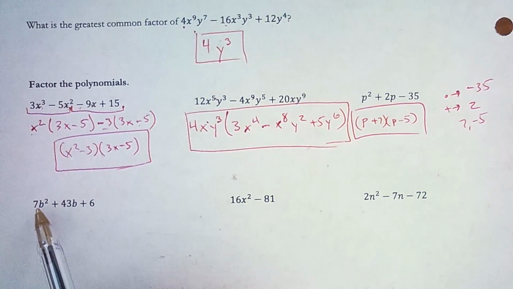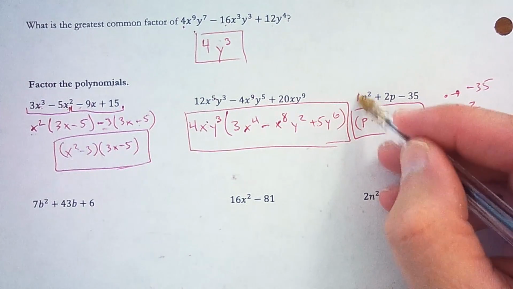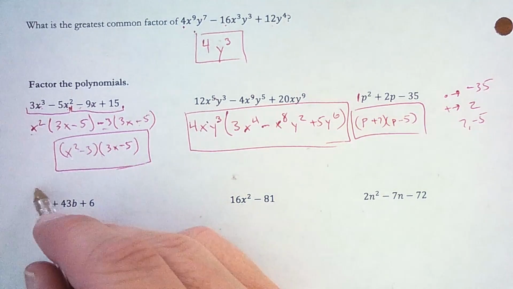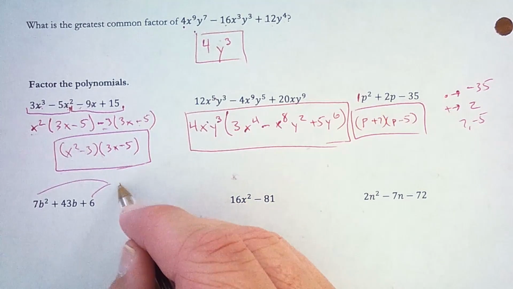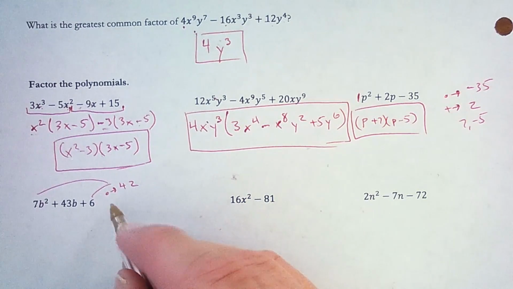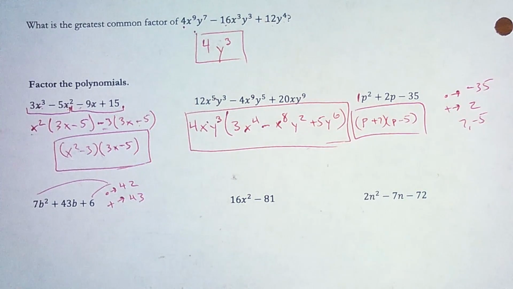Here we have another one similar to this, except here the lead coefficient was 1, here it's 7. So we're going to combine some skills here. So first, 7 times 6, that's 42. I need numbers that multiply to 42 and add up to the middle coefficient, 43.